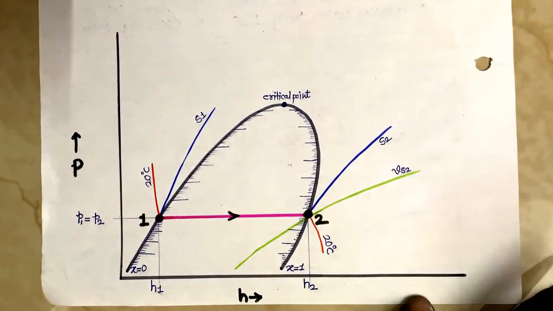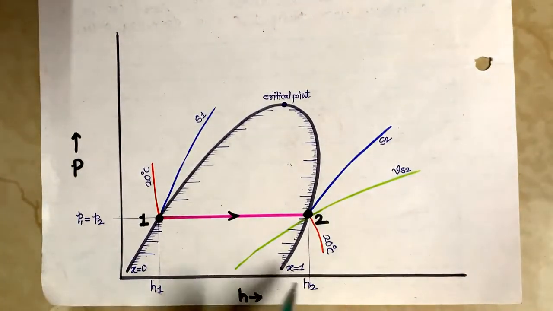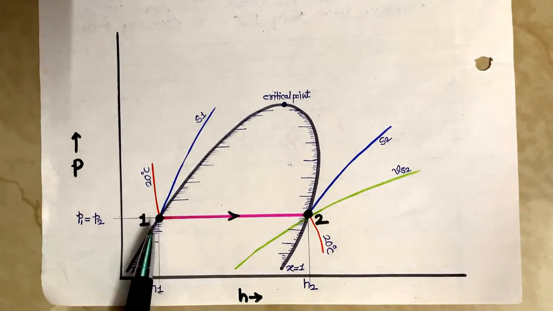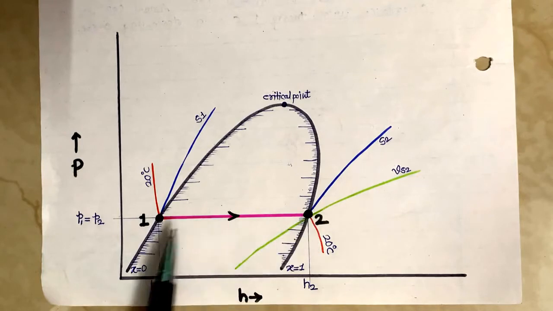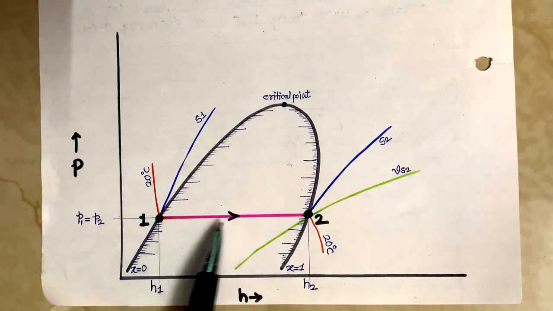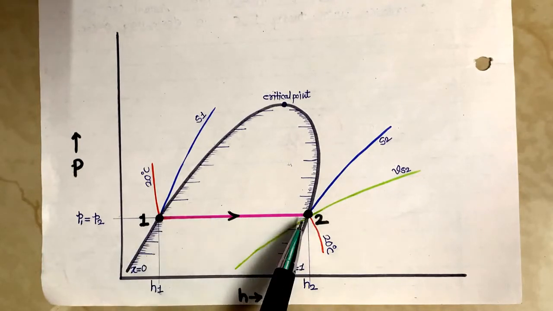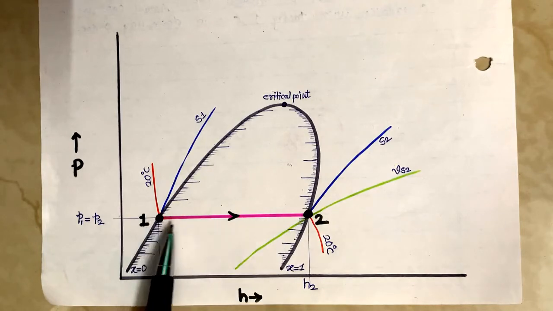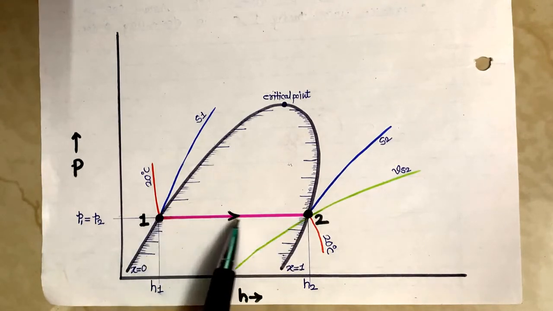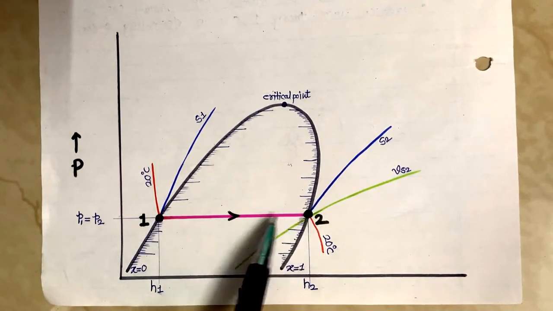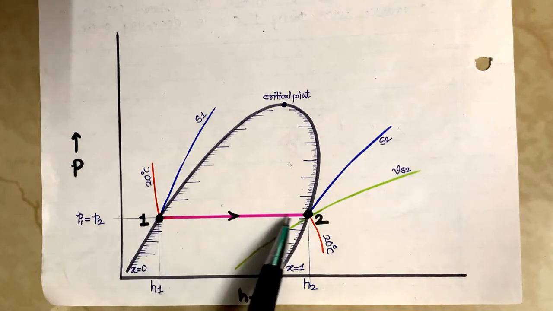Okay, so what it represents is the same thing, but I am taking here one simple process, 1 to 2. Let us say this is the evaporation process. Again, when I observe this process, it is a constant pressure process. Why? Because it is a horizontal line.